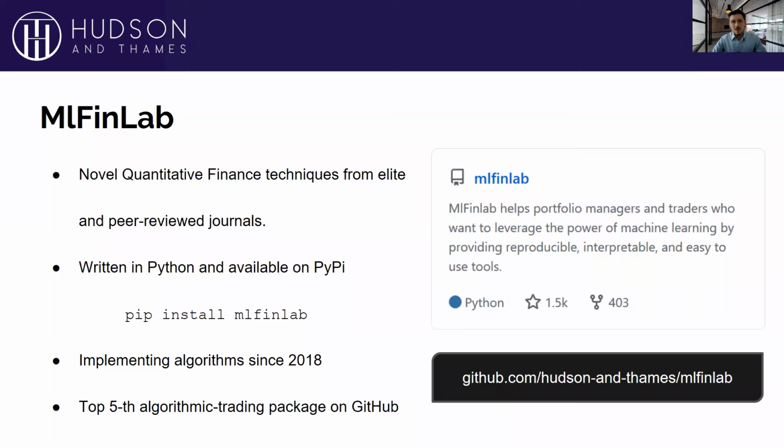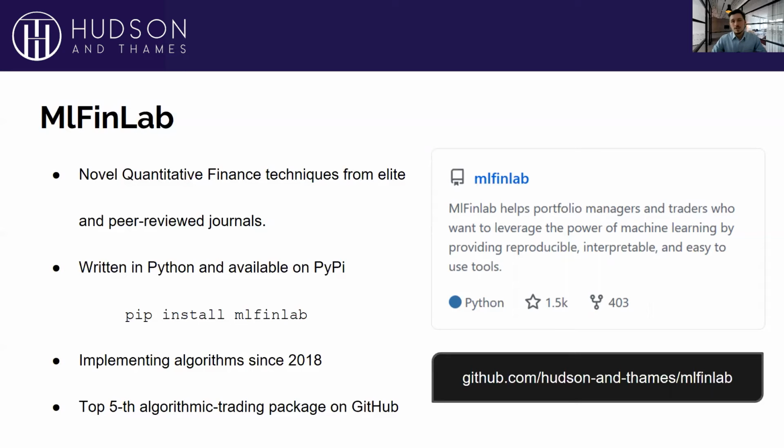So first, the MLFinLab package. This package has existed since 2018 and started as an implementation of a series of works of Lopez de Prado. That's why throughout this presentation, you will see a lot of links and references to his work. But recently, we've also implemented a few techniques from elite and peer-reviewed journals.